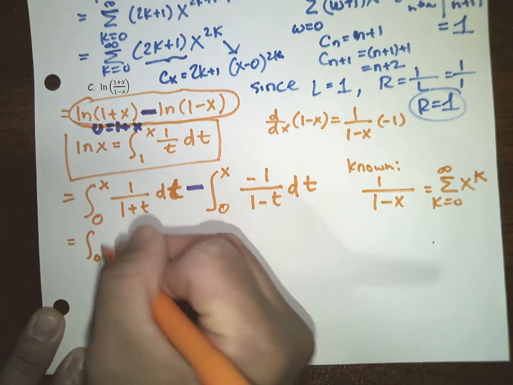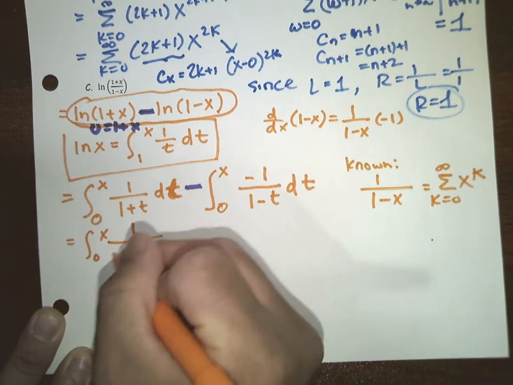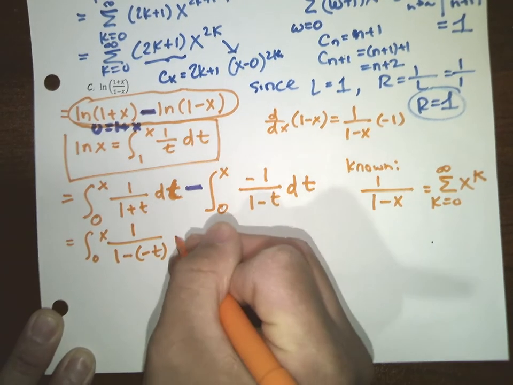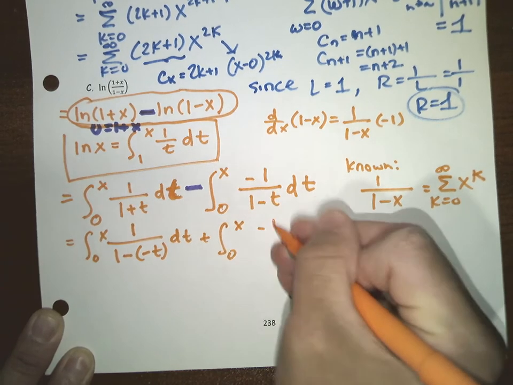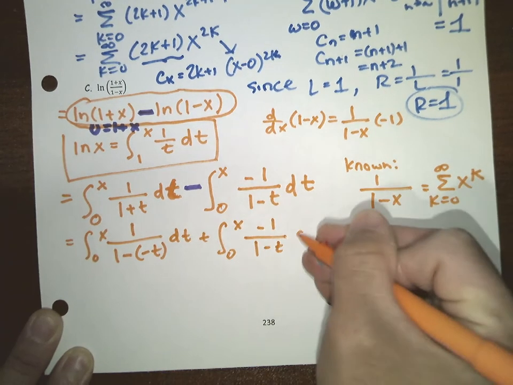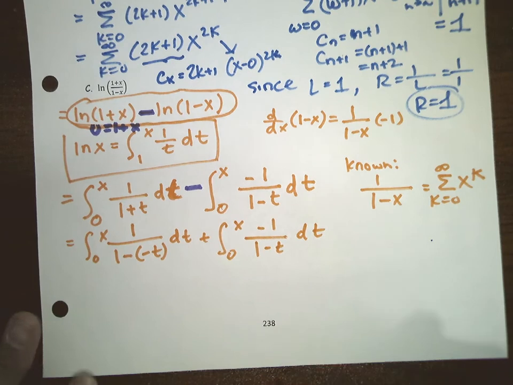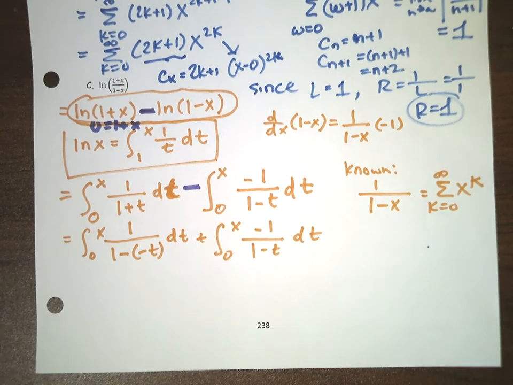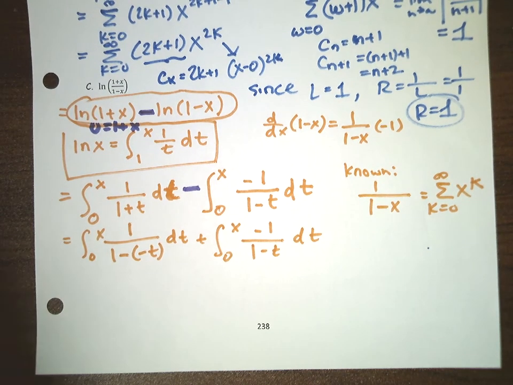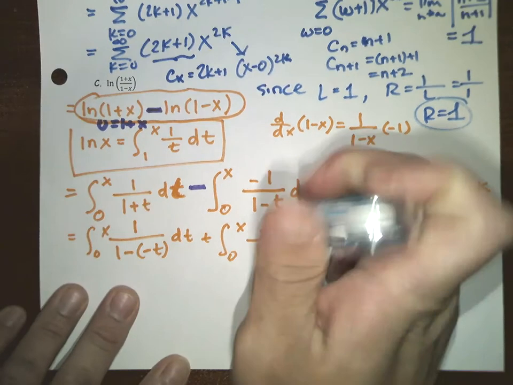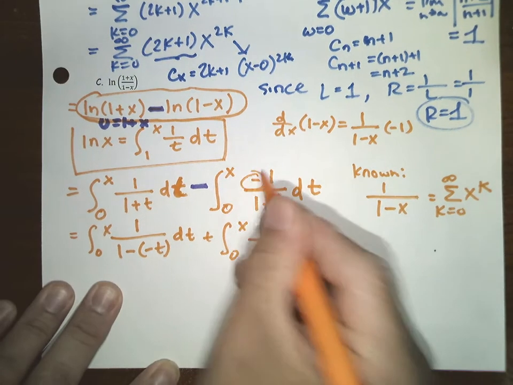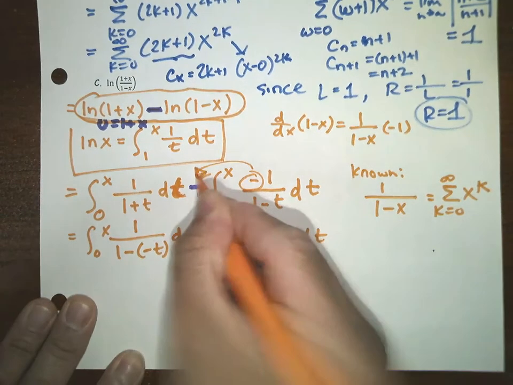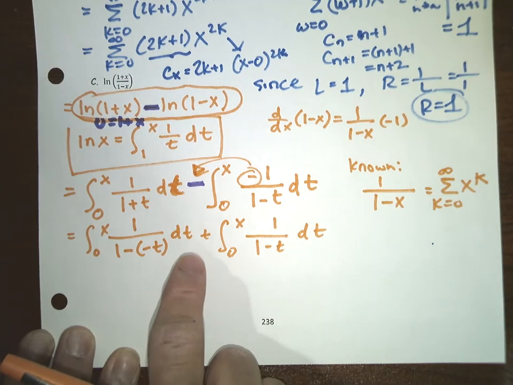So it's the integral 0 to x of 1 over 1 minus negative t dt plus the integral 0 to x of negative 1 over 1 minus t dt. And if I make that plus, I do not need the negative here anymore. Does everyone see what I did here? I took that and brought it out here, so now it's a plus right here.